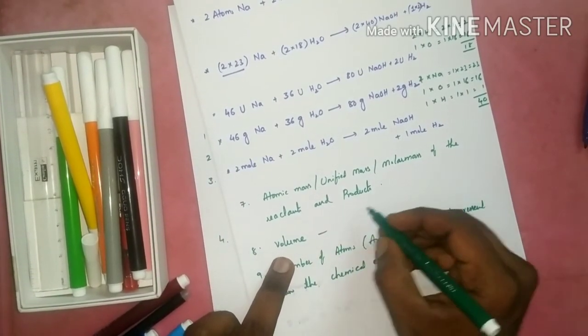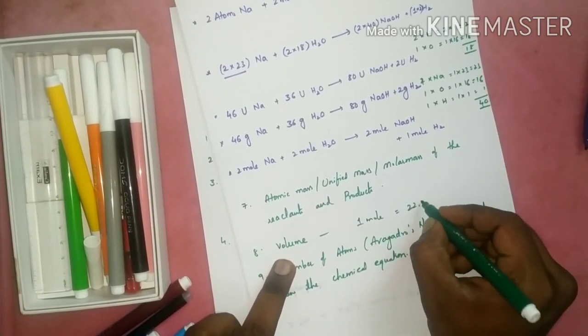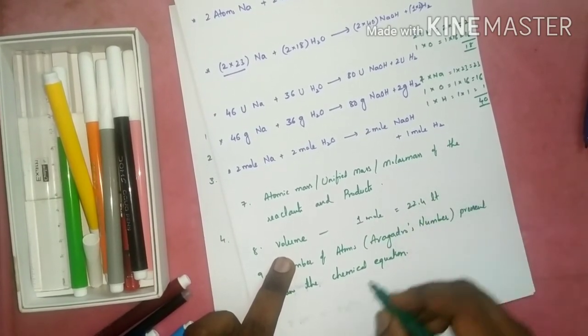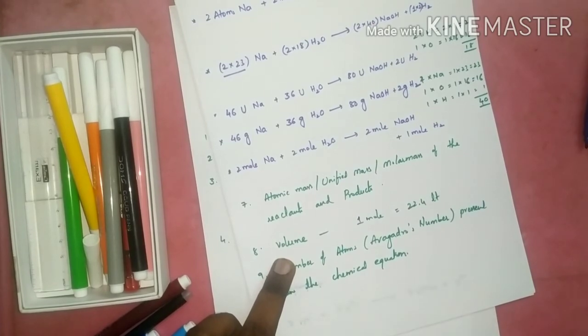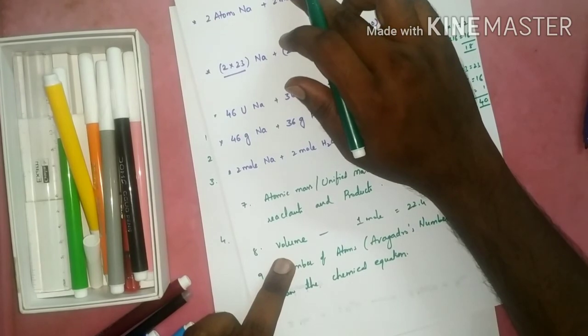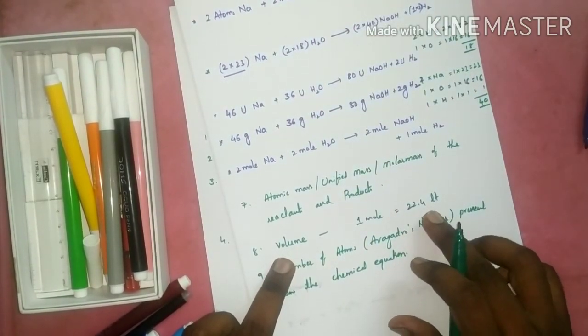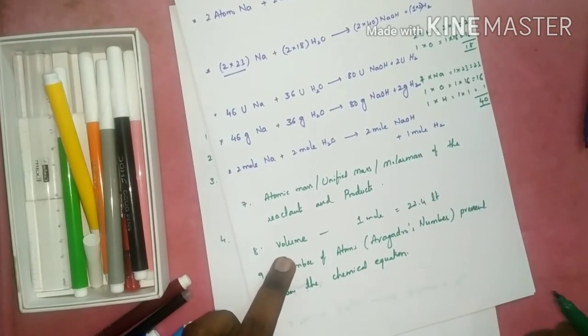As you know well, 1 mole is equal to 22.4 liters. From this you can say 2 moles of water. What is the meaning of 2 moles of water? 2 moles of water is nothing but 44.8 liters of water. In that way, we can say the volume of the liquids.